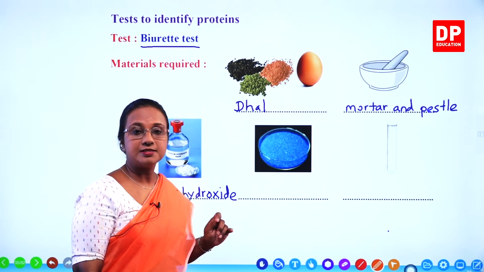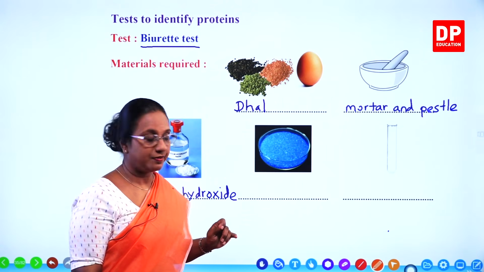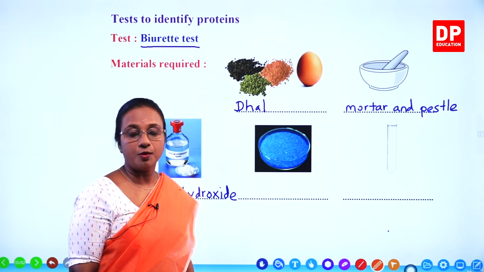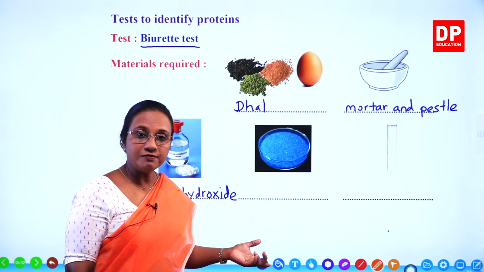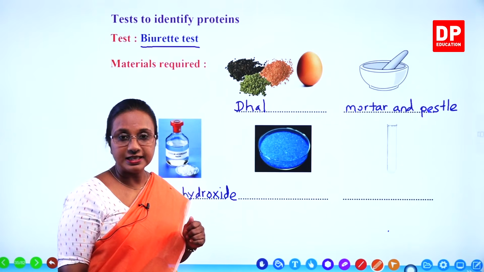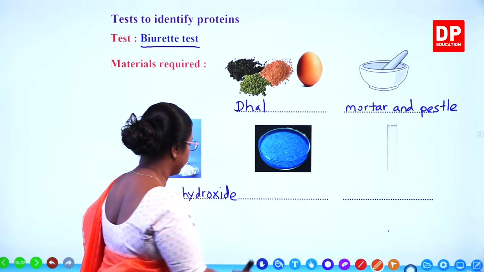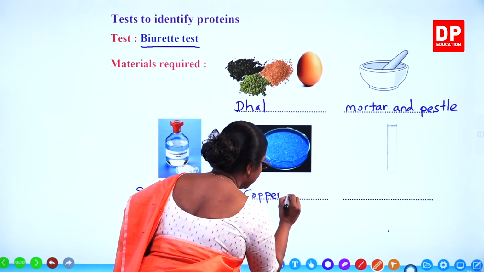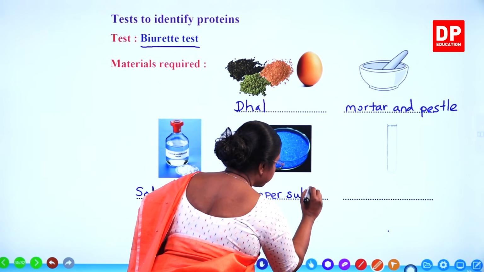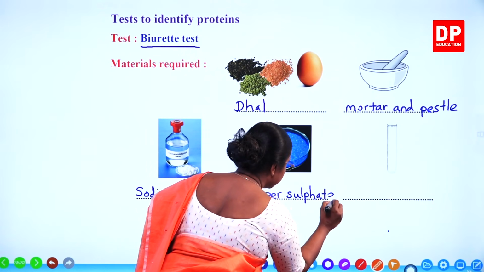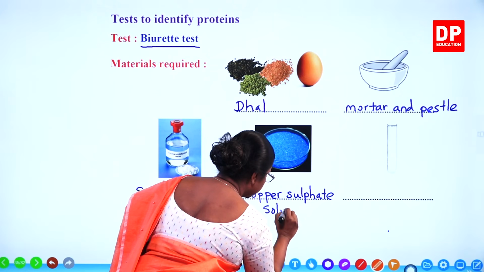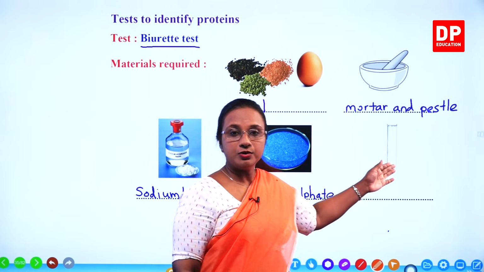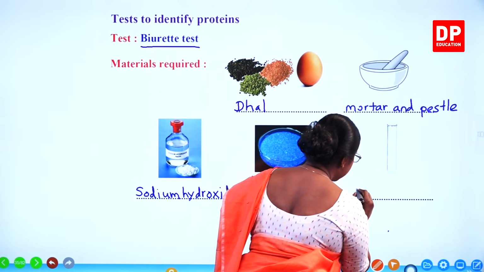Similarly, we need a solution of copper sulfate. Here you can see the blue color is hydrated copper sulfate. We can dissolve this in water and get the copper sulfate solution. And to carry out the test, we need a test tube.